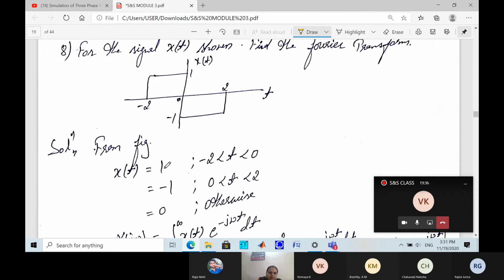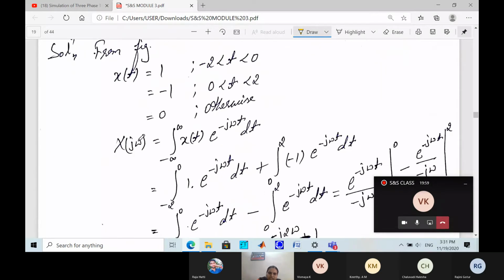Then from the figure, write the equation: x of t will be 1 when t is between -2 and 0, then it will be equal to -1 when t is from 0 to 2, and it will be 0 for other cases.